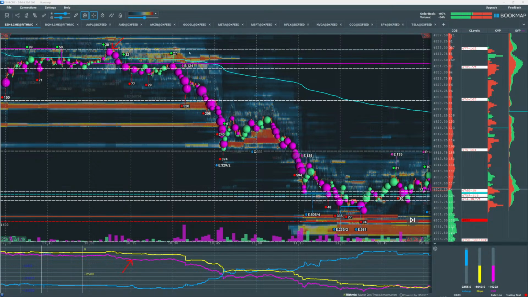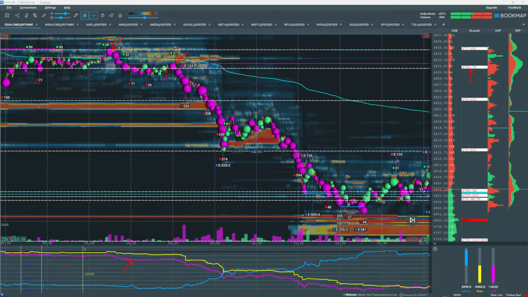And then at 10:30, aggressive sellers start to come in right at the 47.85 level, and price begins to move lower. Again, aggressive sellers coming in. There were a few smaller green volume dots, and notice how the magenta volume dots are much larger.